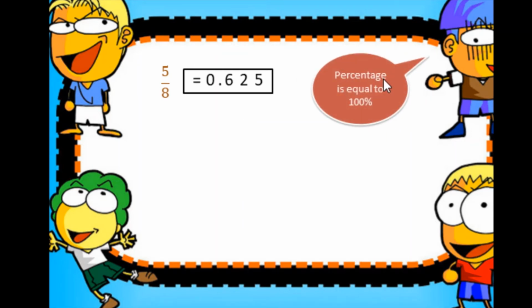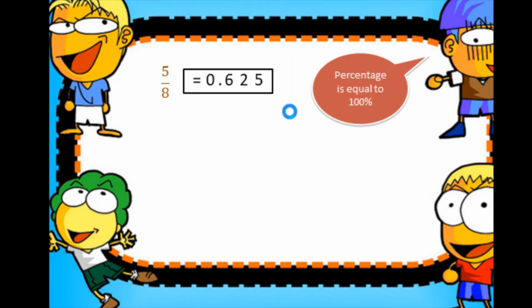Remember, percentage is equal to 100%. Now, how many zeros are in 100%? Okay, it is 2. Very good. So, what you're going to do?